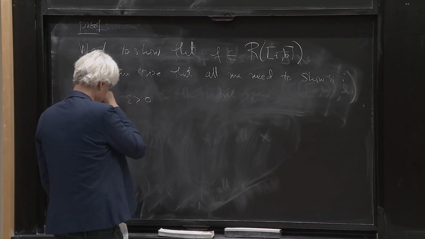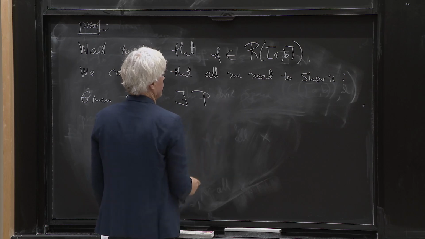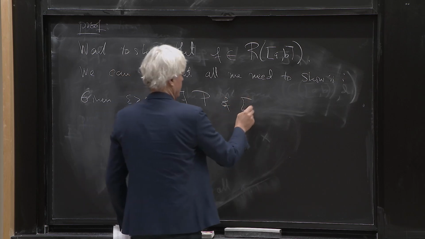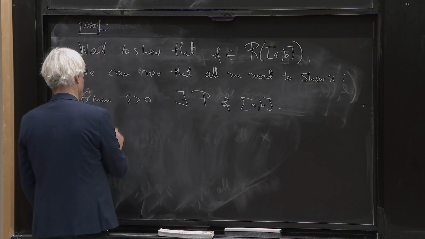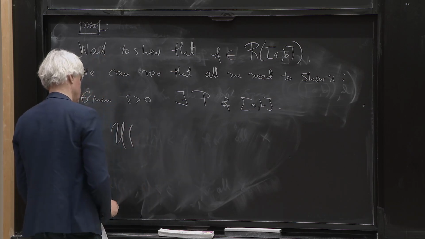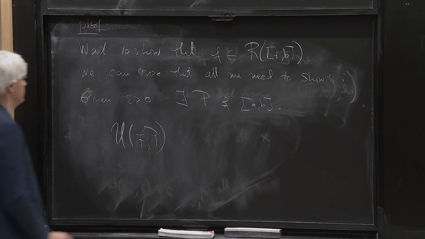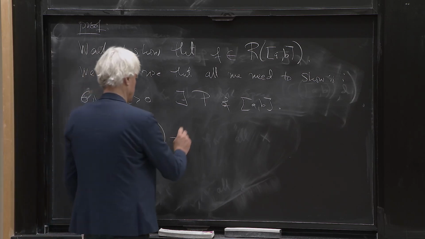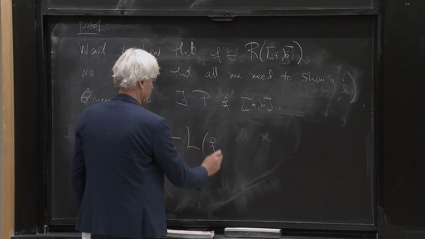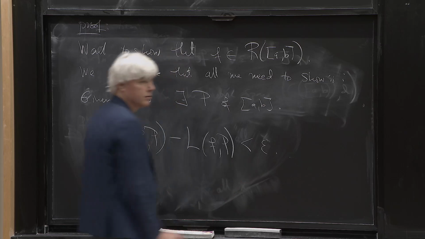there exists a partition P of the interval from a to b, so that the upper sum of f with respect to this partition minus the lower sum of f with respect to the same partition is less than epsilon.